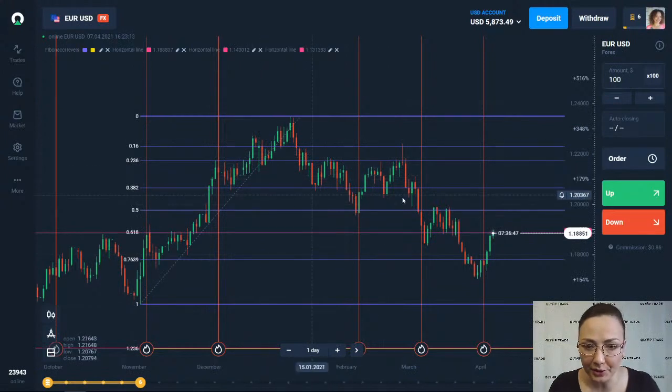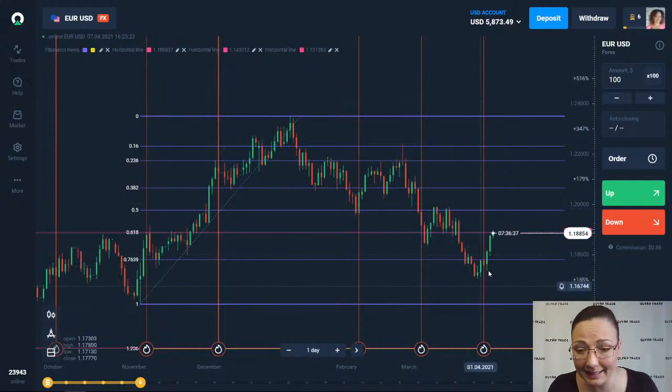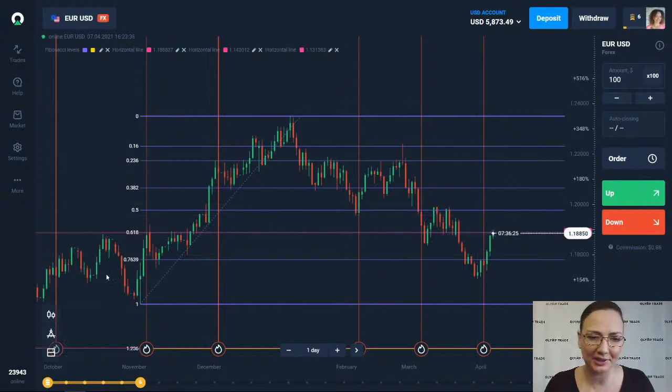The price used the 38.2. The price used the 50% level. The price actually broke the 61.8% level down, and it is now retesting this level of support turned resistance. I hope that you can understand me clearly.